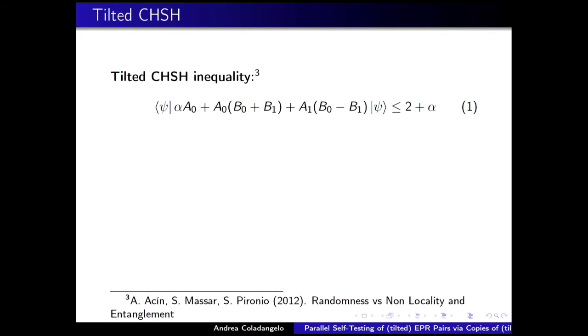Now I also need to introduce tilted CHSH. We will need this. So the tilted CHSH inequality is similar to CHSH, except that it has this extra alpha A0 term, which gives an extra alpha on the right-hand side. The maximal quantum violation is the square root of 8 plus alpha squared.